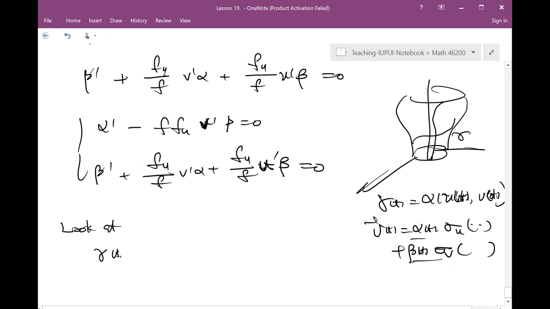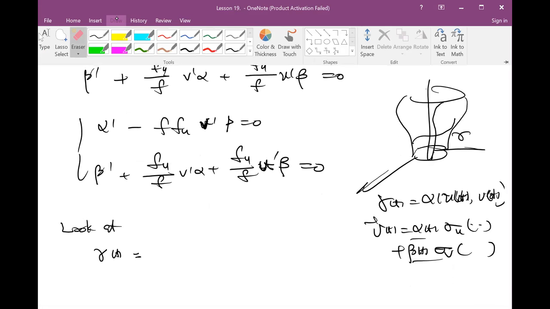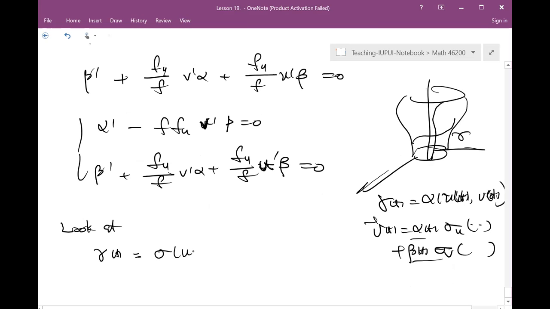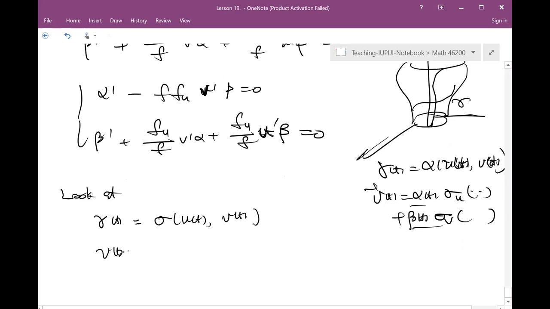This is going to be fixed v, right? I think the v here is going to be constant. The v t is a v now, okay?